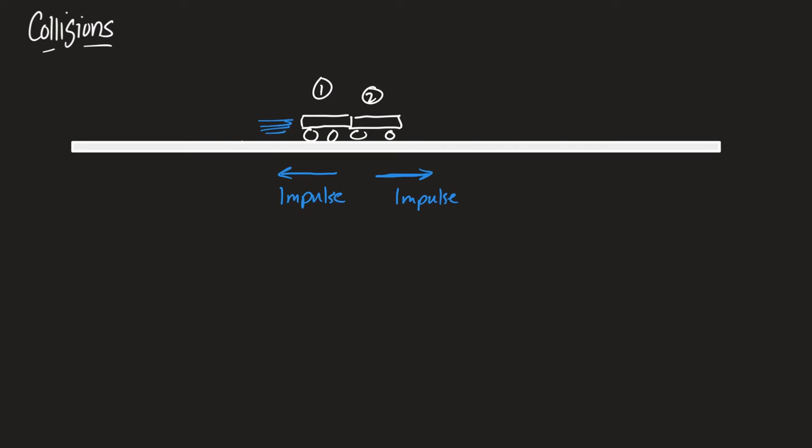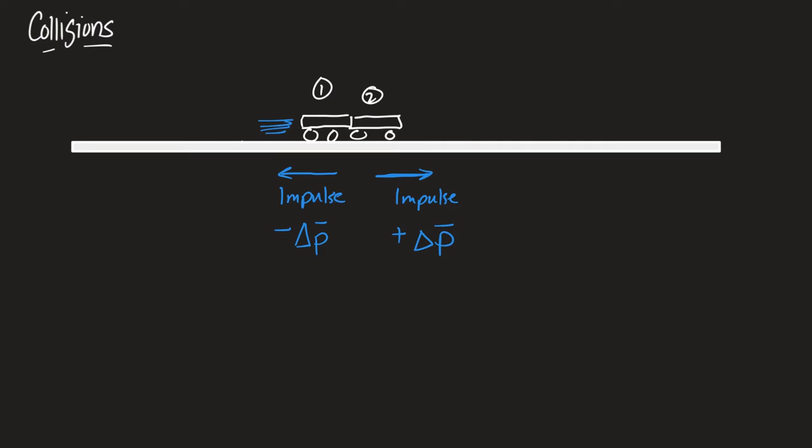But impulse is also change in momentum, which means that car 2 experiences a positive impulse, a positive change in momentum, while car 1 must experience an equal but opposite change in momentum. So car 1 pushes on car 2, increases its momentum. Car 2 pushes on car 1, decreases its momentum. But the amount of the change in momentum is the same.